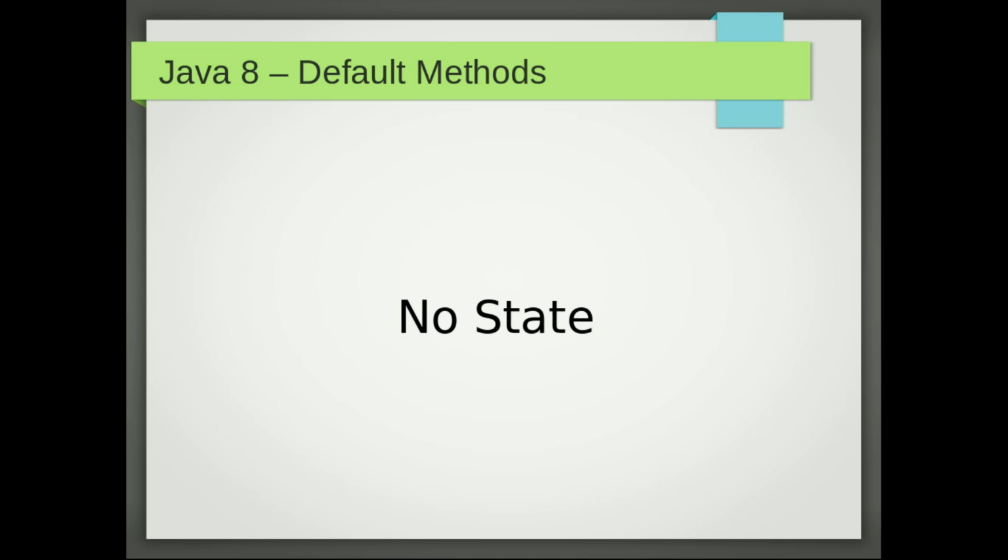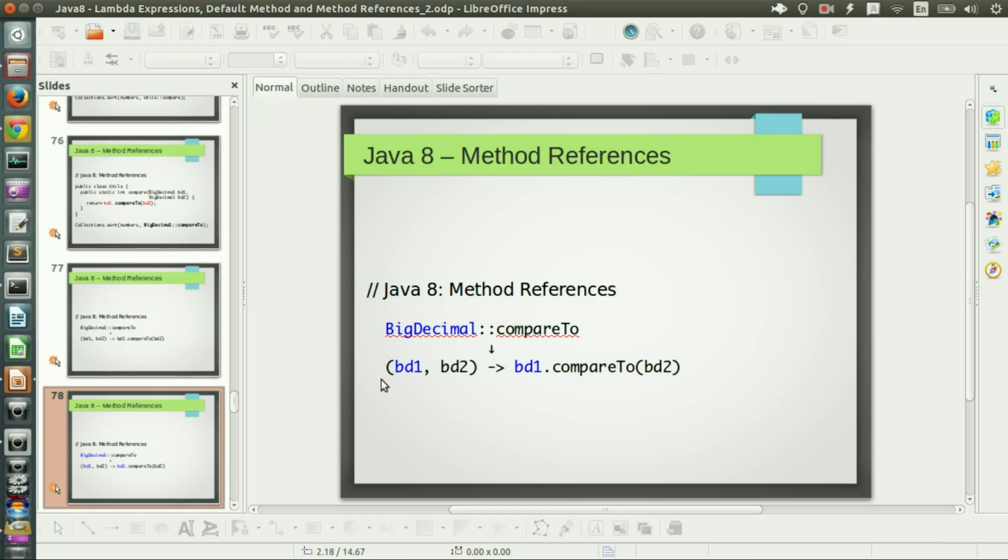C++ shares that state, so it has problems. But in Java, it inherits only behavior, so you don't need to worry about that diamond problem. Well, I'll give you some examples, and then you can easily understand how it works.